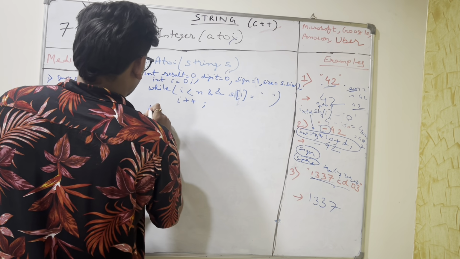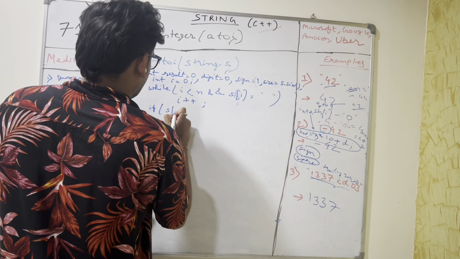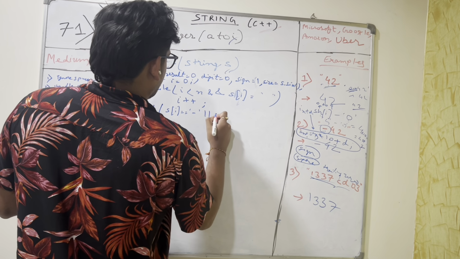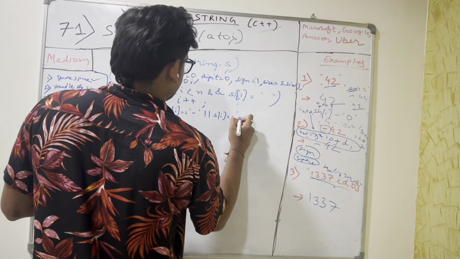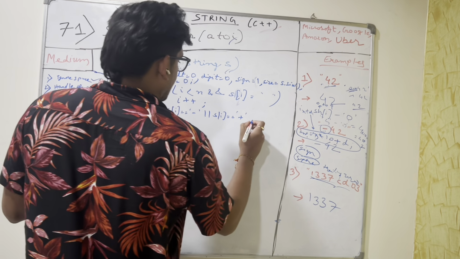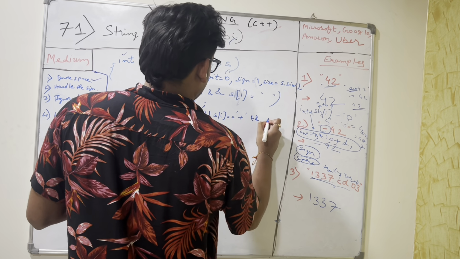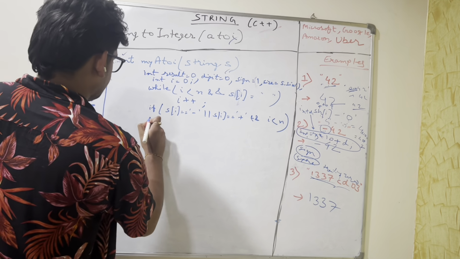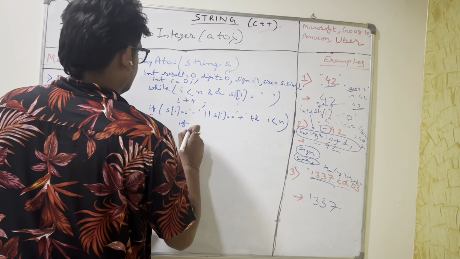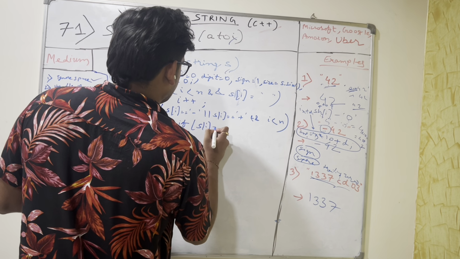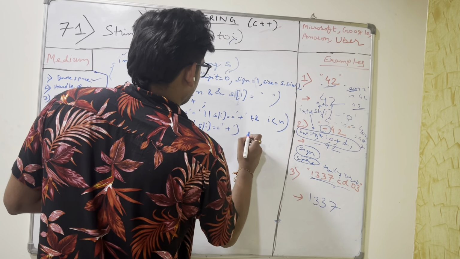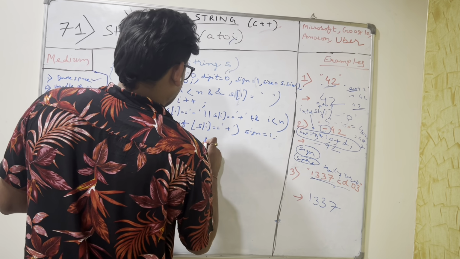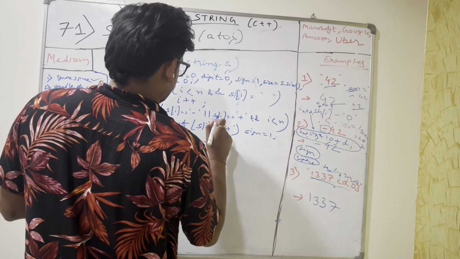So if s[i] equal to hyphen, or s[i] equal to plus, and i is less than n, then we will see if this is the case: if s[i] equal to plus, then our sign would be 1, else if that is not the case, then s[i] is negative.